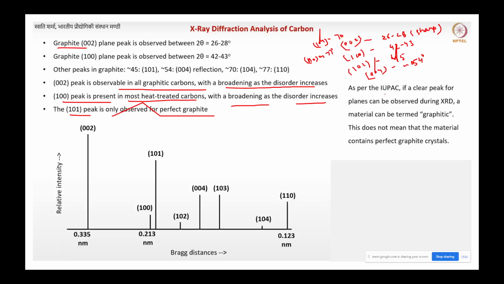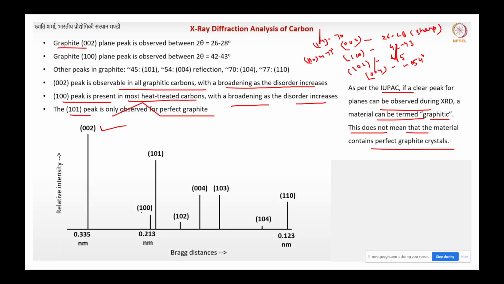As per IUPAC, if a clear peak for these planes can be observed during XRD, a material can be termed graphitic. This does not mean that the material contains perfect graphite crystals. Here you can see the relative intensity. The sharpest and highest intensity peak, the 002, is around 26 to 28 degrees.